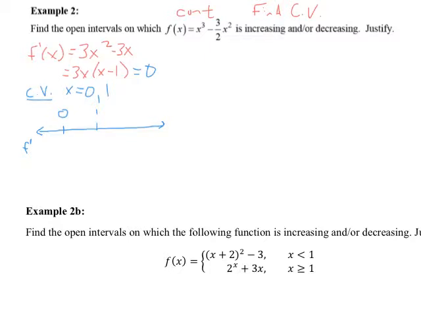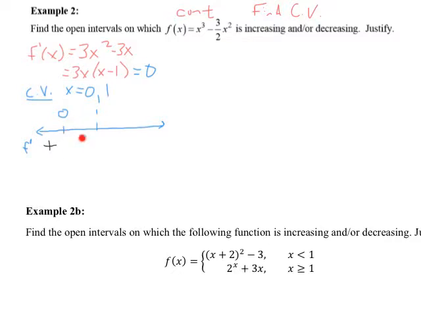So if I use a value that is less than 0, we'll say -5, and I stick that into my f prime function, I'm going to get -15 times -6, giving me a positive answer. So on that interval f prime is positive.